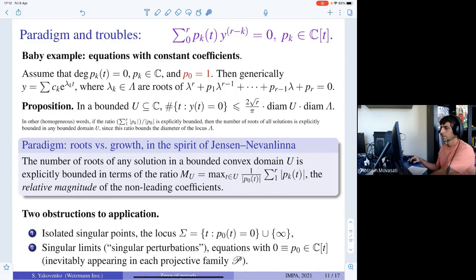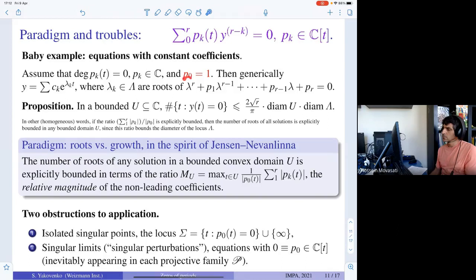Once again, to get a quick memory card: an equation with bounded coefficients can be considered as a perturbation of the equation which consists of only the leading term. The equation which has only the leading term is very simple.